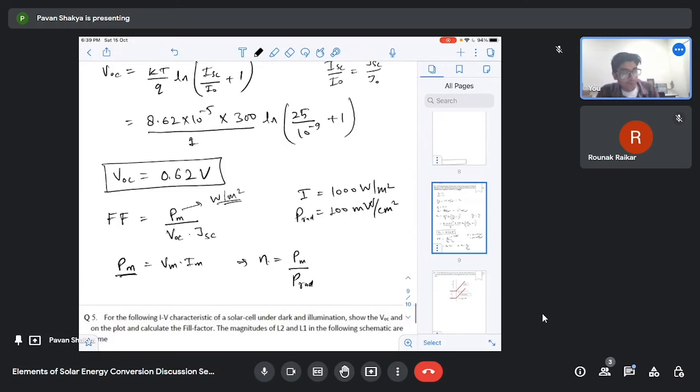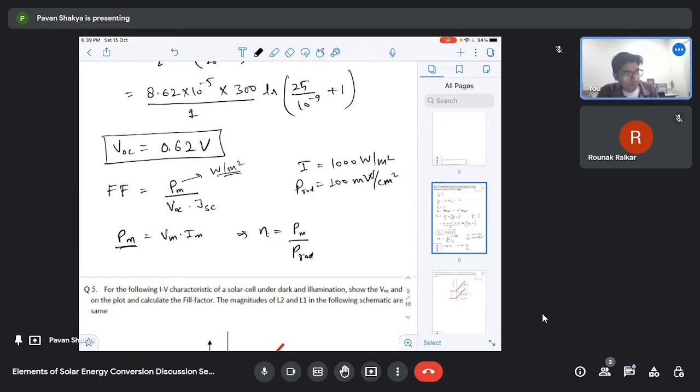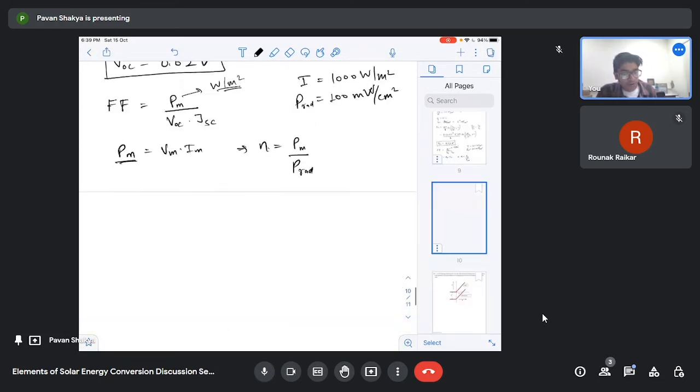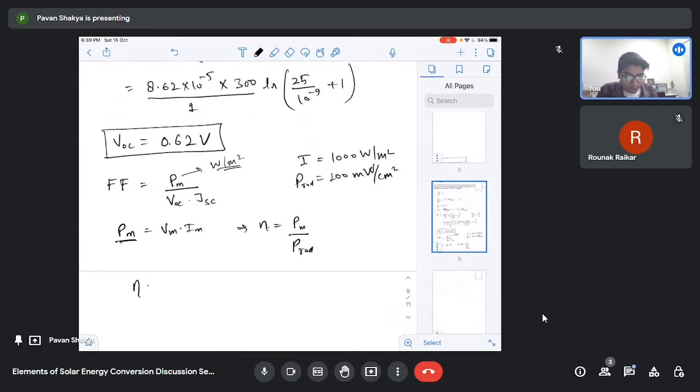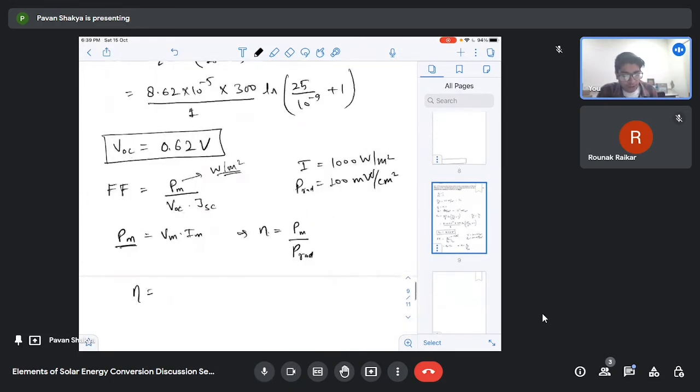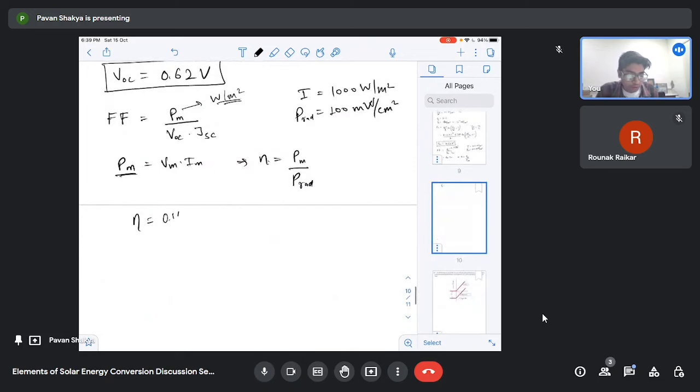Okay, so in this problem, the efficiency is given as 0.14. So with the formula for the efficiency, we can calculate the maximum power. Okay, so this P radiation is 100 milliwatt per centimeter square. So this PM will be equal to 14 milliwatt per centimeter square.